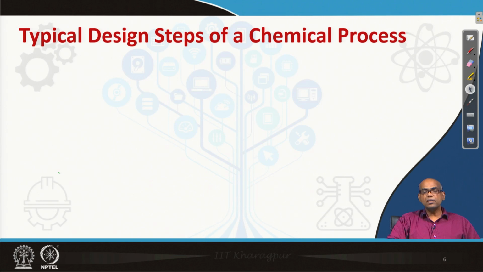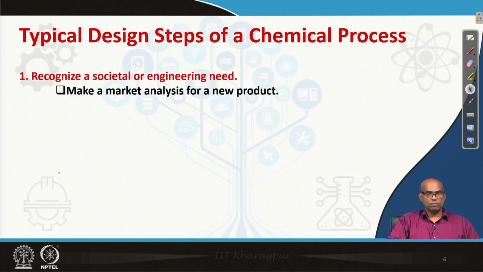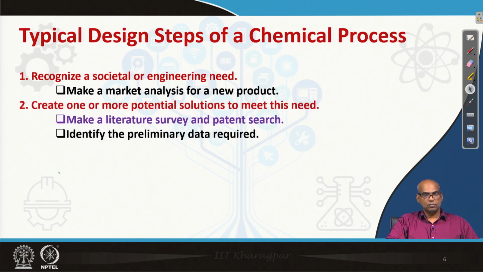So, what are the typical design steps of a chemical process? First, recognize a societal or engineering need. So, make a market analysis for a new product, create one or more potential solutions to meet this need.